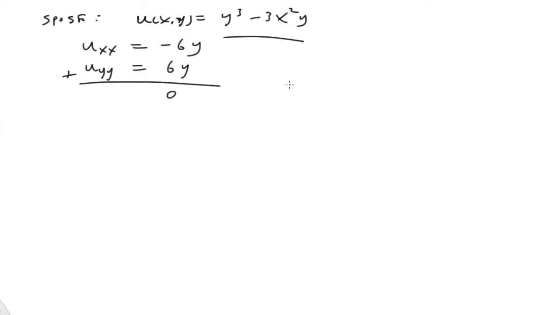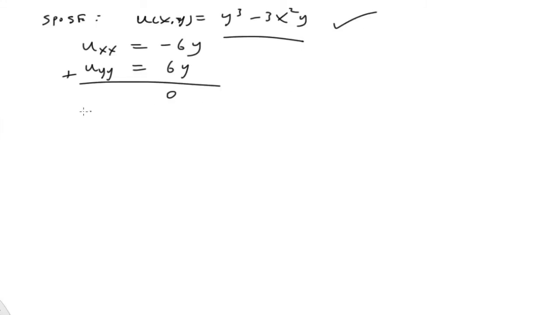So I can check real quick. Uxx is going to be equal to negative 6y. And then if I take u, y, y, you can see clearly that's going to be 6y. So of course you add those together and you get 0. Okay, and so clearly this is a harmonic function.